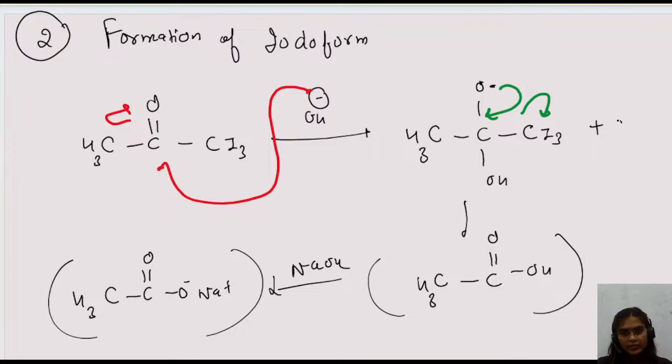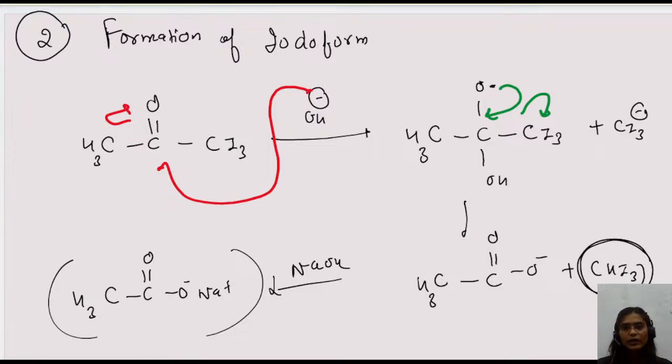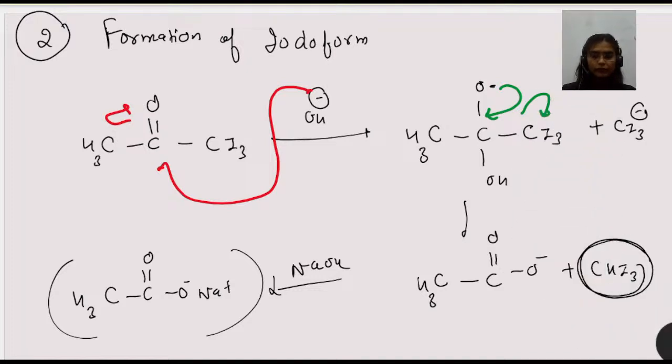In this case, this CI3 negative is released, and obviously it's going to abstract the hydrogen from the acid part here, and hence this is how we end up with the carboxylate, plus that is the CHI3. I hope this point is clear that now we are left getting an iodoform there. Look at this, the iodoform is ready now. This is all for the step now.